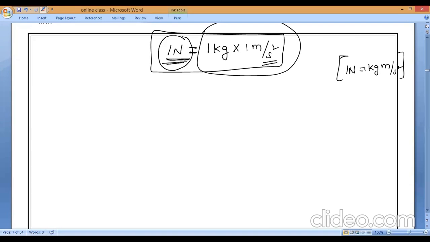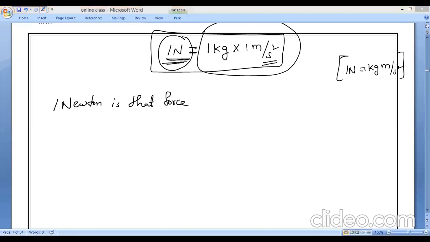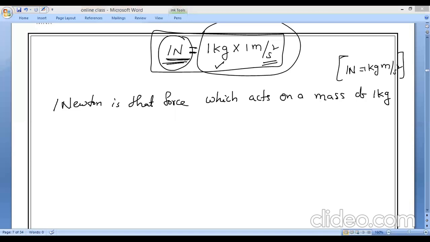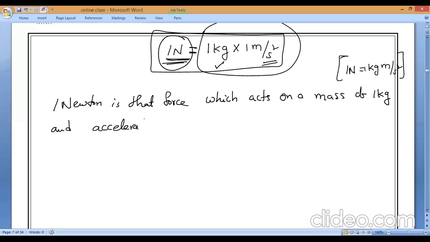Please all of you write that. 1 Newton is that force which acts on a mass of 1 kilogram and produces an acceleration of 1 meter per second square.